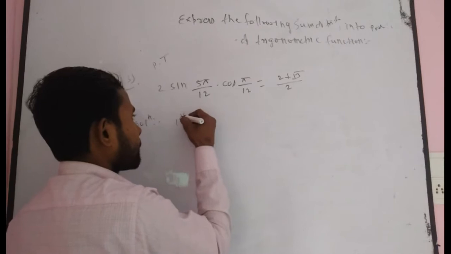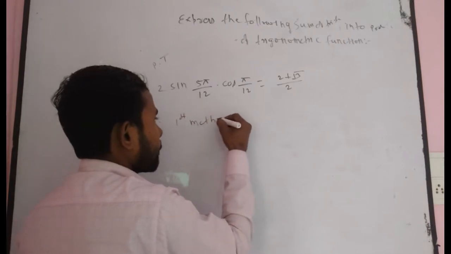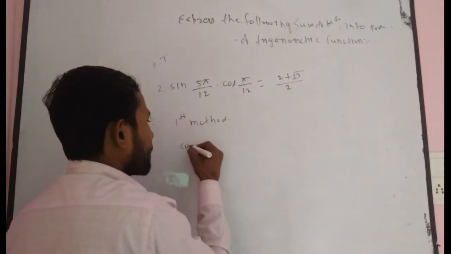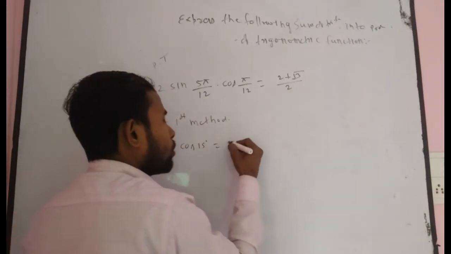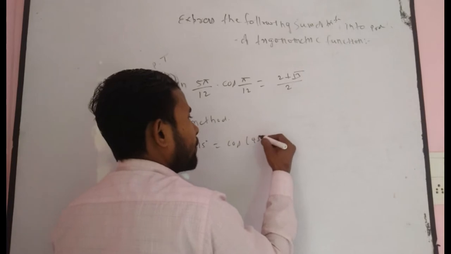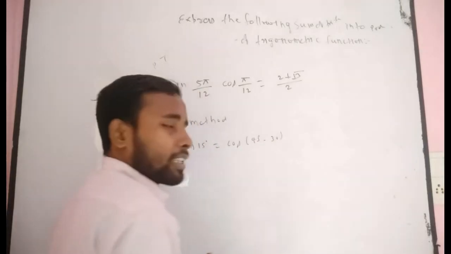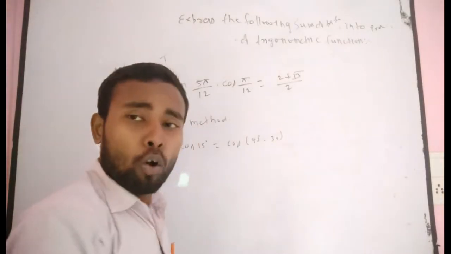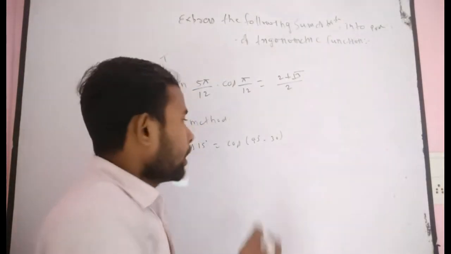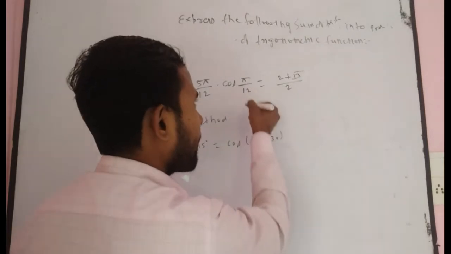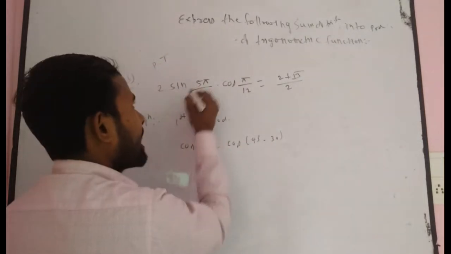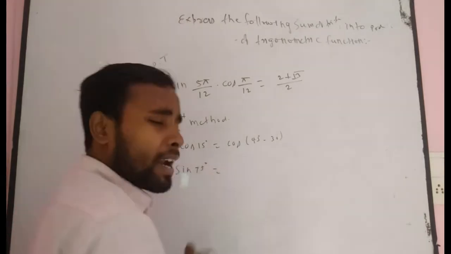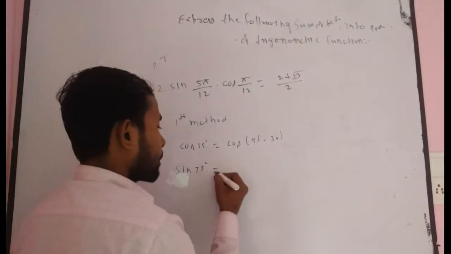First method: can you write cos 15 is equal to what? Cos (45 degrees minus 30 degrees). As you know, cos (A minus B) is equal to cos A into cos B plus sin A into sin B. You have to use this formula and find the value of cos 15 degrees. Similarly, here sin 5 pi by 12, that is sin 75 degrees. How can you find the value of sin 75 degrees?